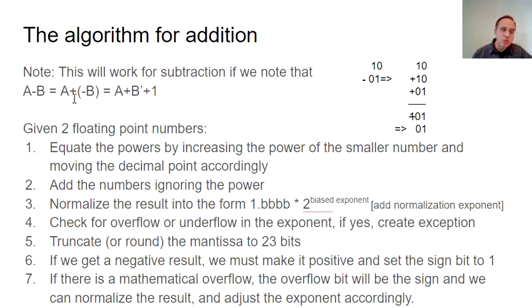B, we can change it to be plus a negative number by every place that there's a 1, we put a 0, and every place there's a 0, put a 1, flipping all the bits, and then adding the number 1 to it. So let's just prove that, if you forgot from your course in digital systems, let's just do an example.